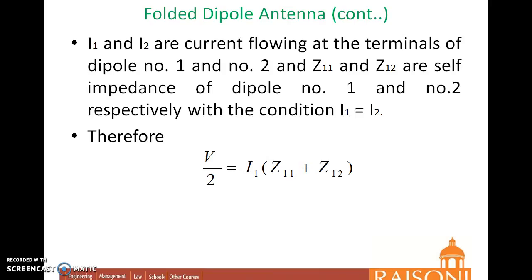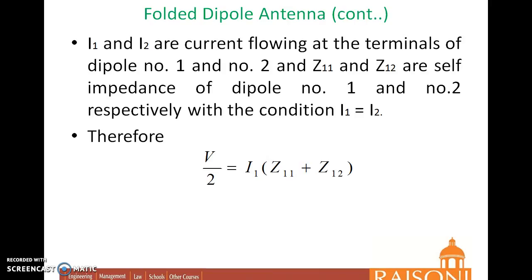Now we can see that in the previous figure, the currents I1 and I2 are flowing at the terminals of dipole 1 and dipole 2, and Z11 and Z12 are the self impedance of dipole number 1 and dipole number 2 respectively.